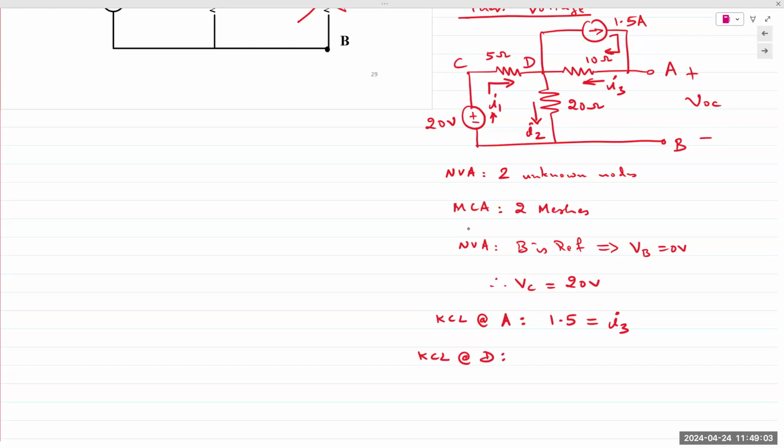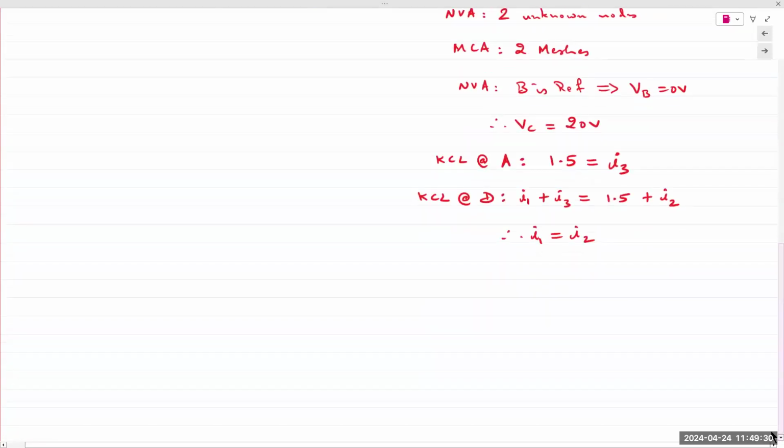If I apply KCL at D, I have four currents. I have I1 coming in. I have I3 coming in. I have the 1.5 amp leaving and I2 leaving. I3 is the same as 1.5 amps. So that cancels out, leaves me with I1 equals I2.